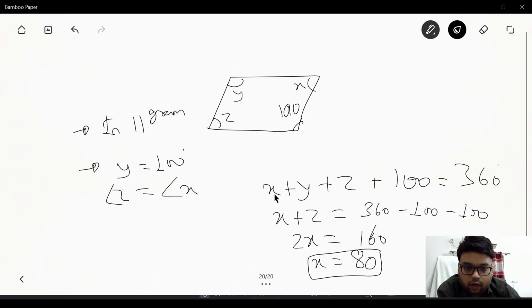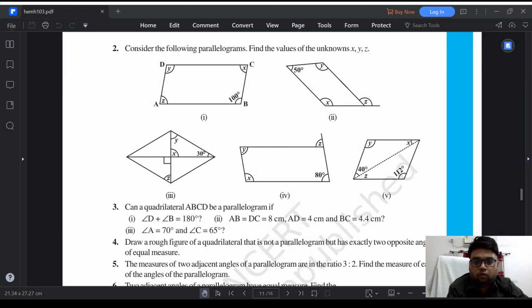Angle z is equal to angle x. So x plus y plus z plus 100 is equal to 360. So x plus z is equal to 360 minus 100 minus the value of y. This is the value of y. So 2x is equal to 160 and x is equal to 80 degrees. This is your answer.